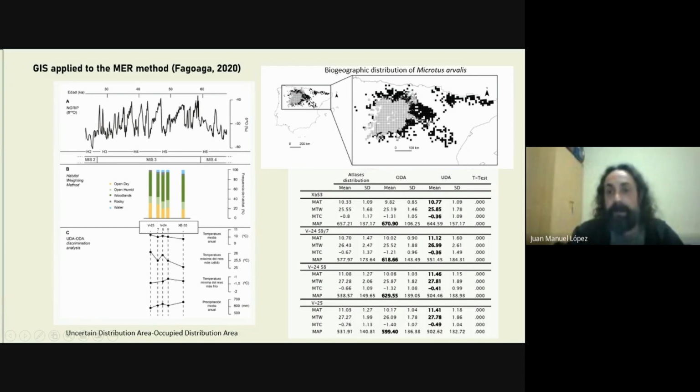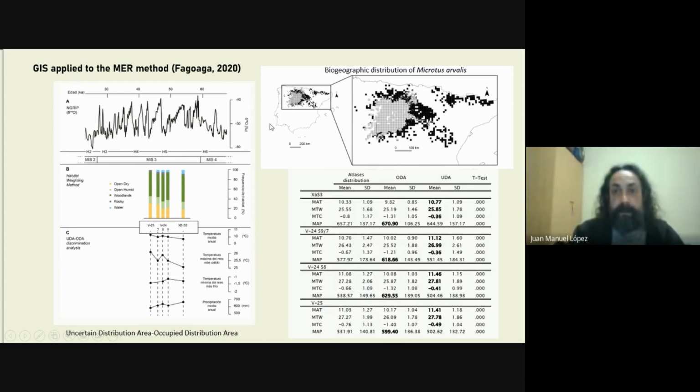In gray is the current distribution that you can find in maps, and in black, the potential distribution of the species, not only the current distribution. With that, we can refine the calculation of mean annual temperatures or precipitations.